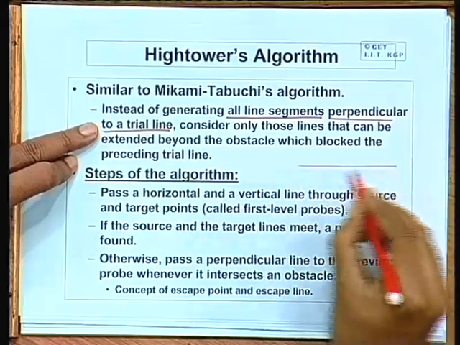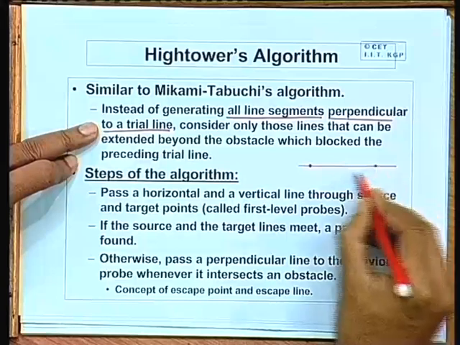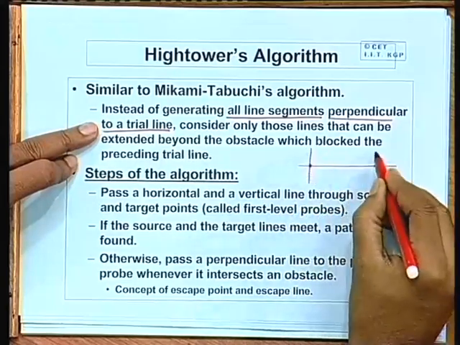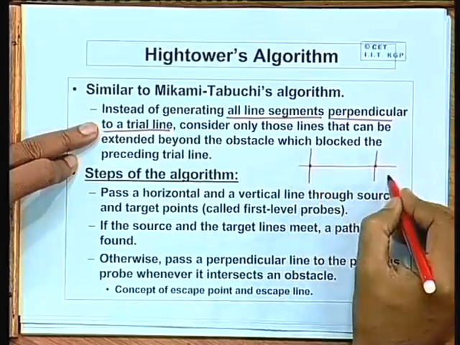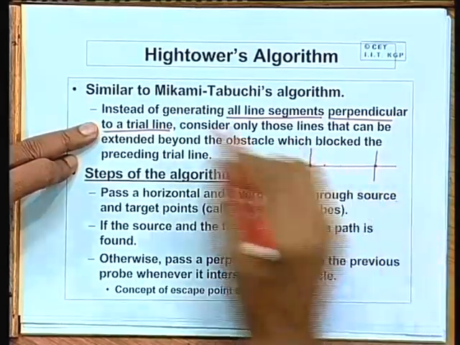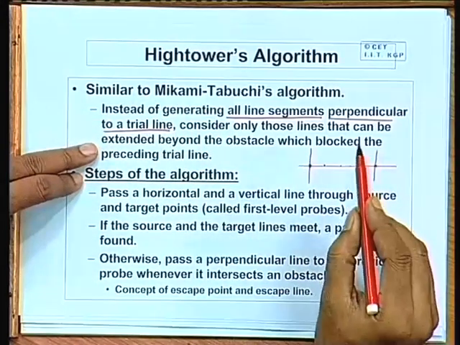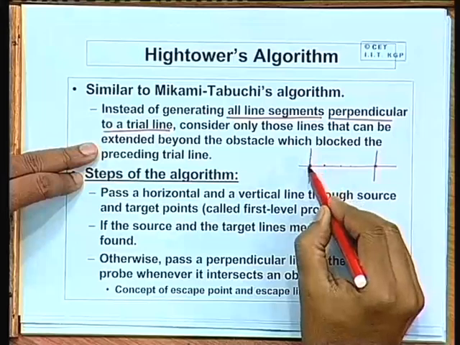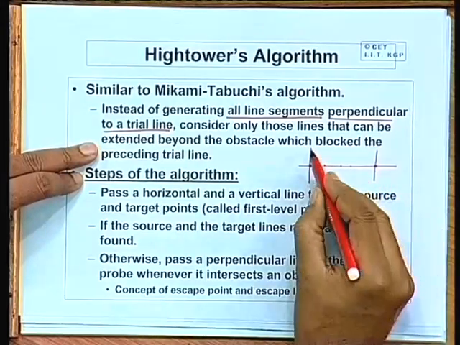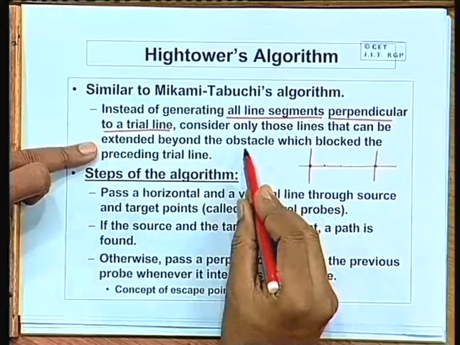Given a trial line, we find only certain interesting grid positions and we generate trial lines perpendicular only at those positions, not at all grid positions like in Mikami-Tabuchi's algorithm. The idea behind these interesting grid points is that the new lines should be able to bypass the obstacles which are lying in between.